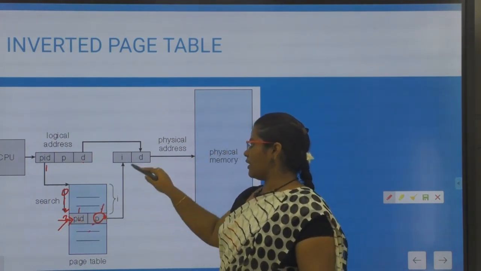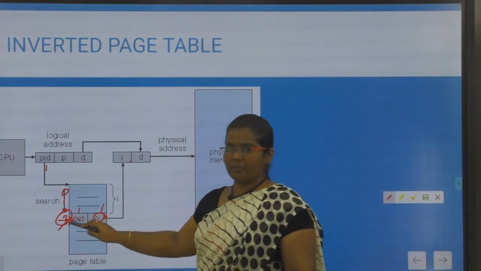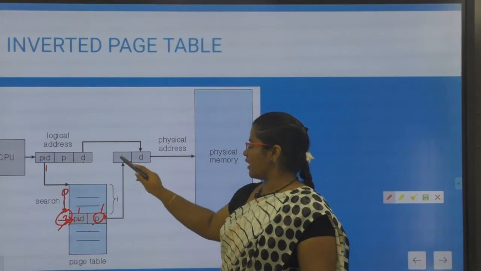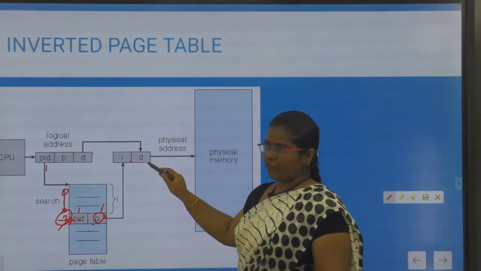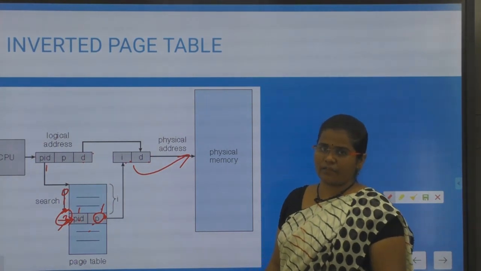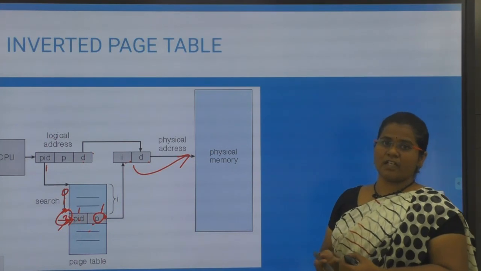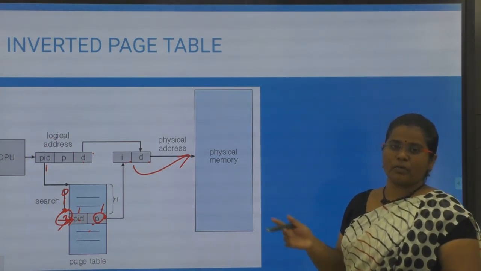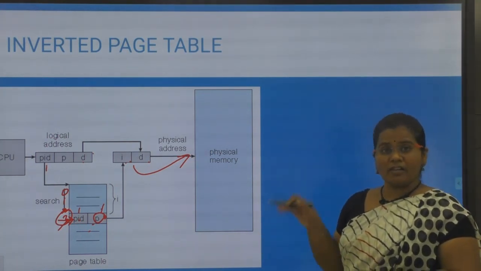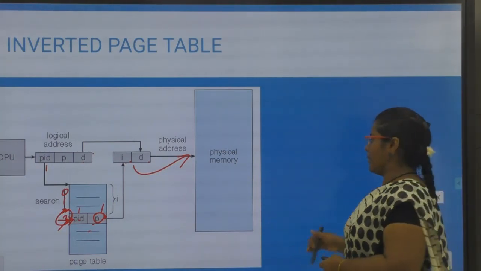So the index will be your frame number. This index is taken, attached with the offset number, and then you find your actual physical address in main memory. So instead of storing many page tables for each process, you can simply store one single page table for all the processes present in your main memory using inverted page tables.